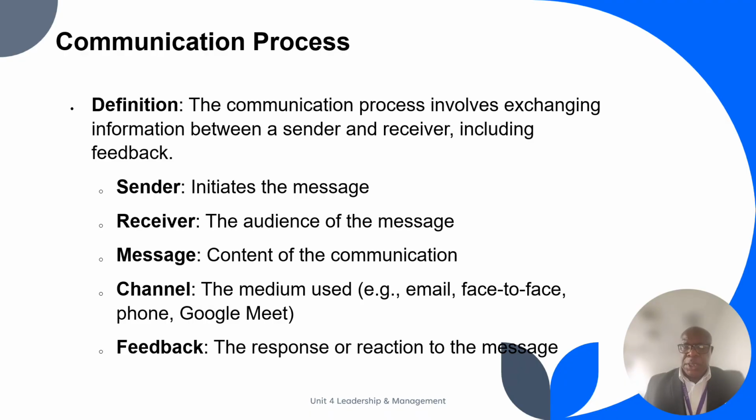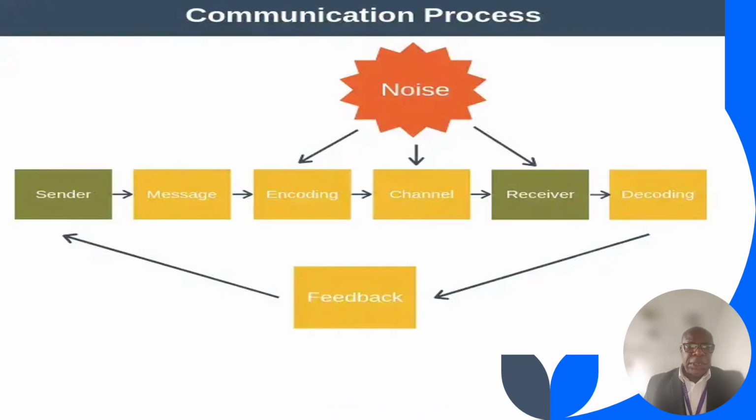We can look at it pictorially like so. If you look at this picture, you can see boxes: sender, message, and encoding. The sender sends the message. You can see the arrow pointing; the arrow tells you the flow of information. The message is encoded, like on WhatsApp, and you can also look at any form of communication in IT.